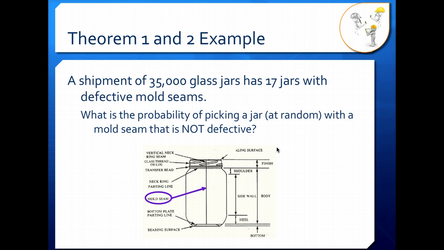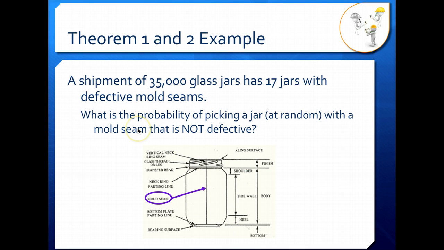Let's take a look at an example using Theorem 1 and 2. We have 35,000 glass jars in our shipment, and we know that 17 of them have defective mold seams. The mold seam runs along the side of the jar right here. It's from the two halves being placed together in the creation process.